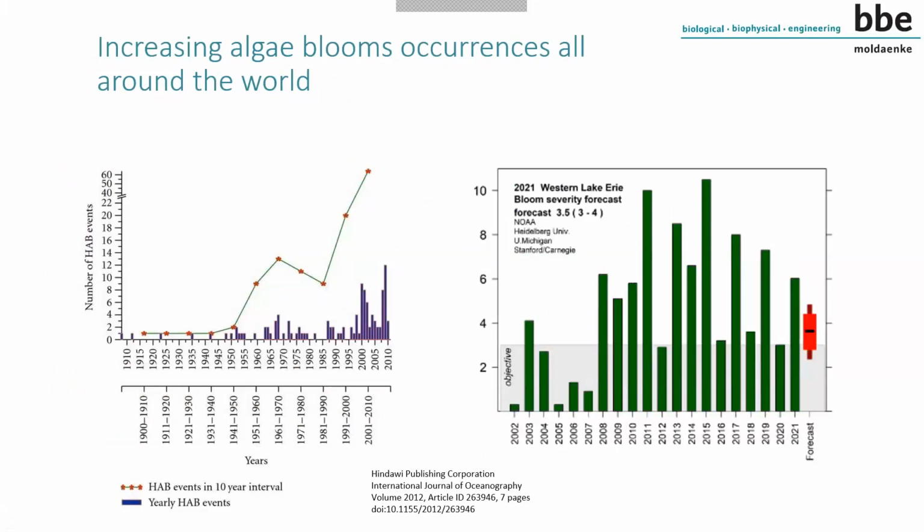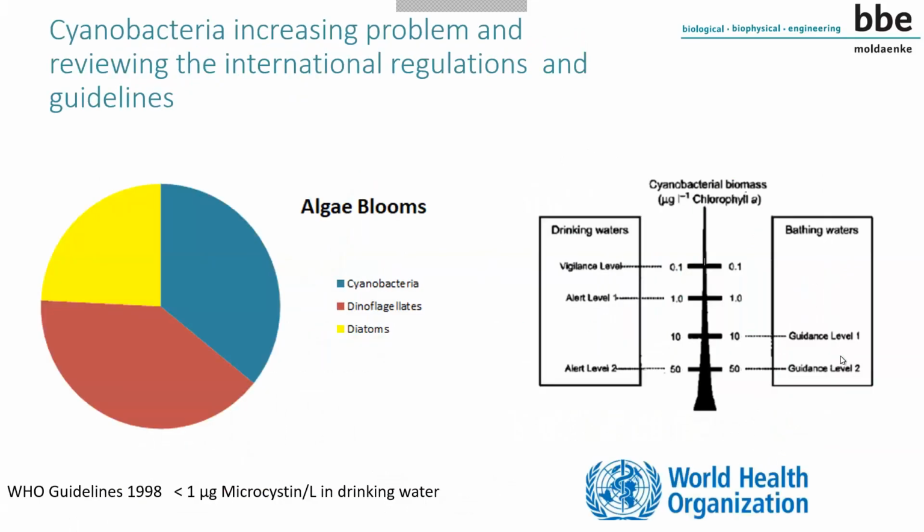This is a forecast for 2022. It's not complete, but you can also see a rising frequency of blooms in this freshwater. And of course, these freshwater reservoirs serve for drinking water production, as around this lake area they have a number of waterworks located. So that's it for this.